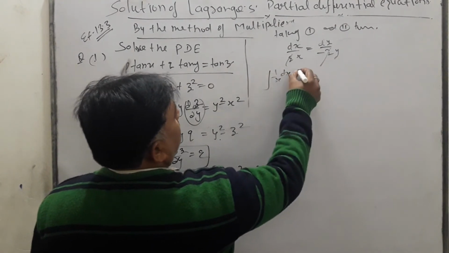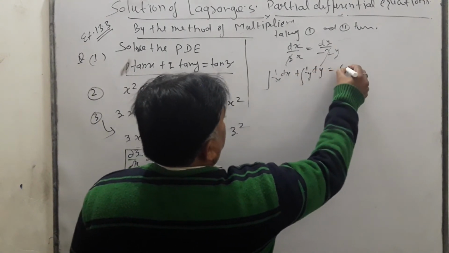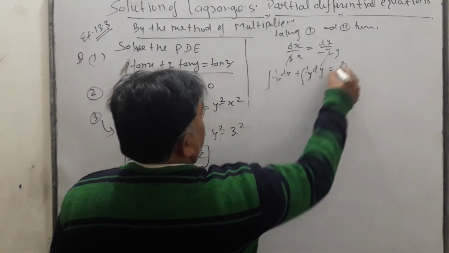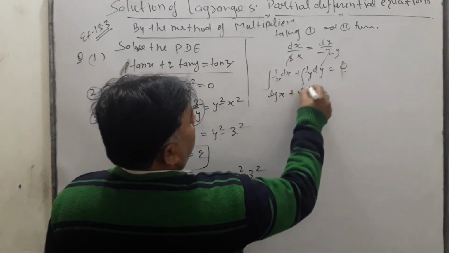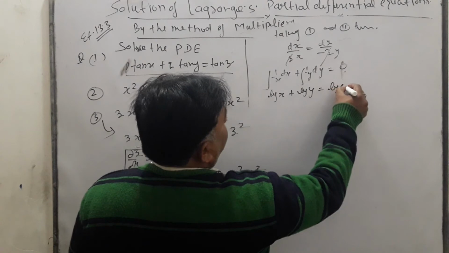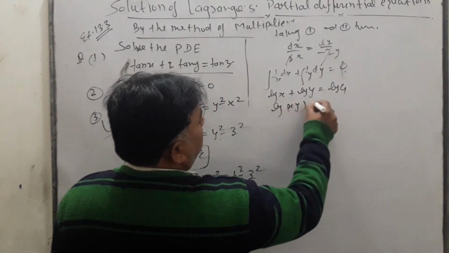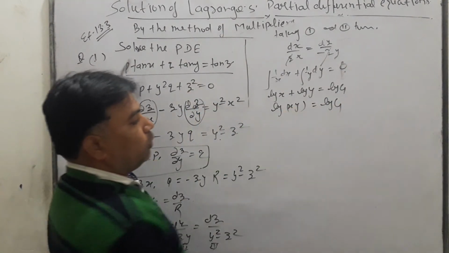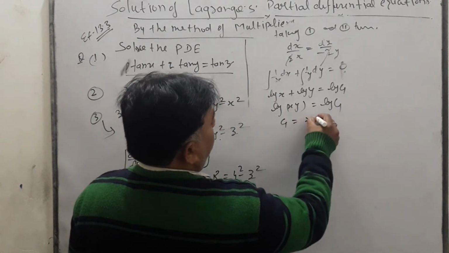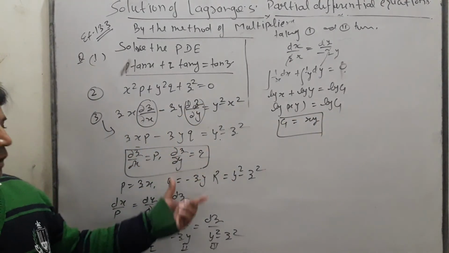On integrating, log x + log y = log c1. By the property of log, log xy = log c1. After that, cancelling log on both sides, c1 = xy. You get the first solution of the partial differential equation.